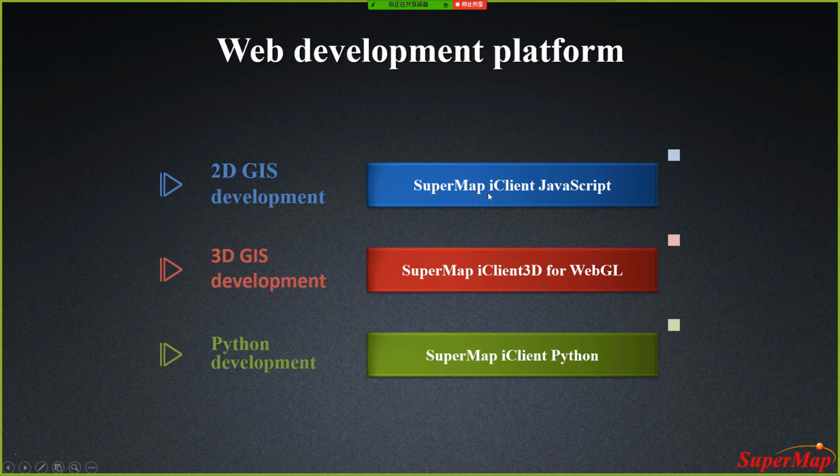It uses JavaScript to realize the dynamic effects of calling the published map service from SuperMap iServer and displaying it in the front-end web browser screen. So this is two-dimensional GIS development.